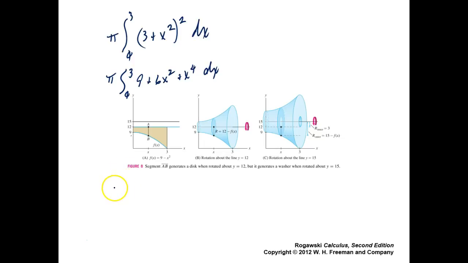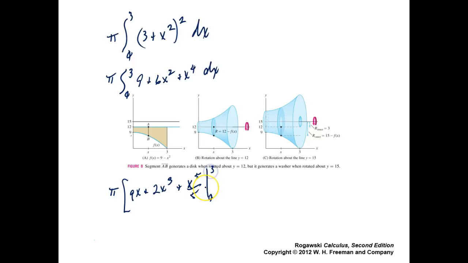And what's the antiderivative of that? 9x plus, 6x cubed over 3 would be 2x cubed, plus x to the 5 over 5. Okay? And we're evaluating that from 0 to 3.